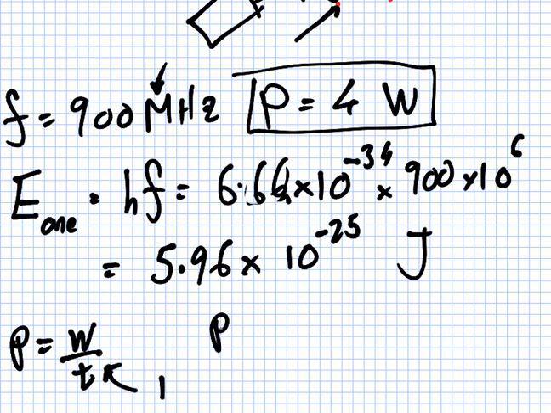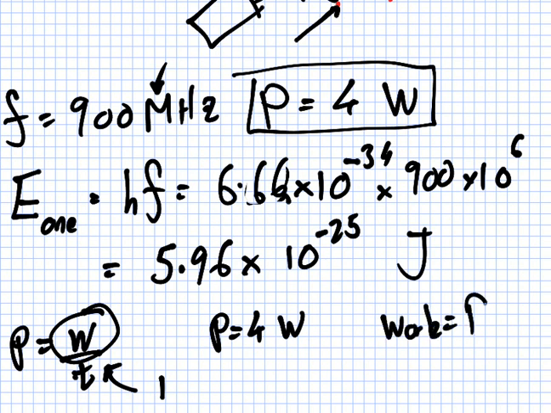If the power equals 4 watts, the energy per second is also 4, because t is just 1. So work equals power multiplied by time: the time is 1 and the power is 4, so the answer is 4 joules.